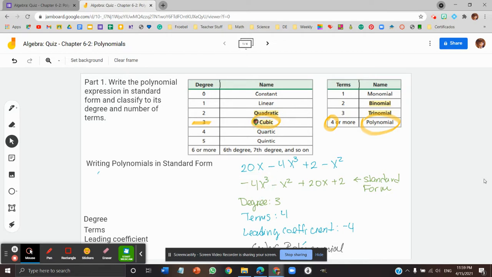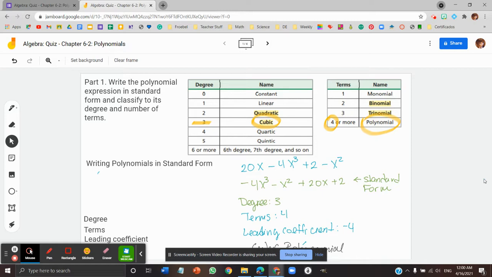If the degree would have been 4, it would have been quartic. If 5, quintic. If the degree would be 6 or more, we call it depending on the number: 6th degree, 7th degree, 8th degree, 9th degree, 10th degree, etcetera.